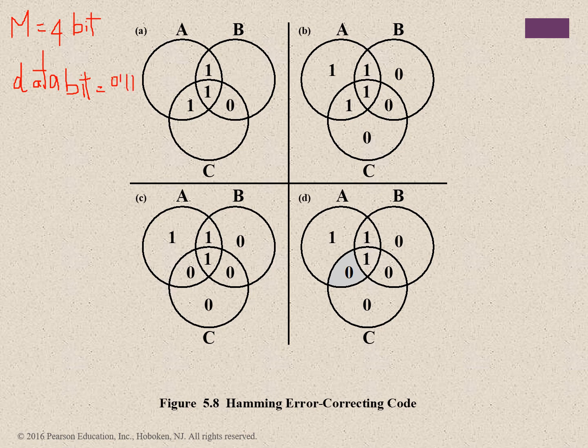This is your data bit. I'm going to record these 4 bits of data in the 7 components of the Venn diagram, and find the parity bits. Using those parity bits and the data bits, I'm going to detect the presence of error and correct the error.